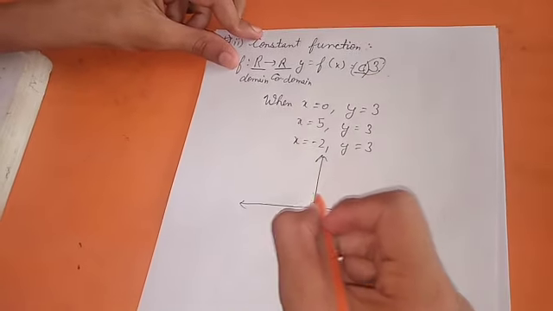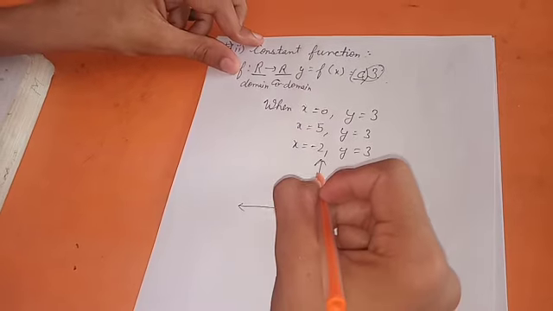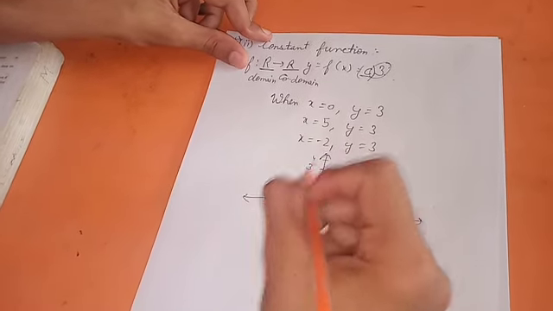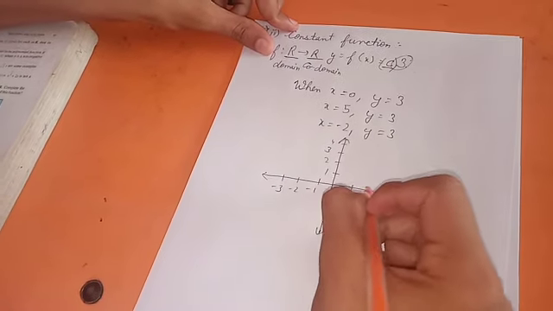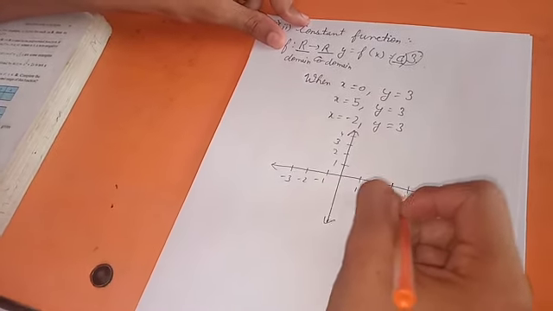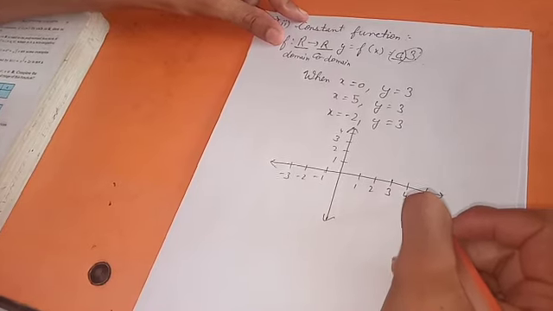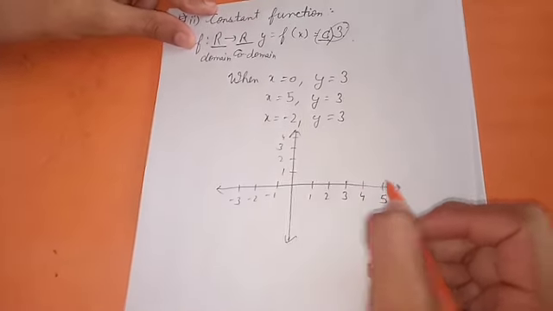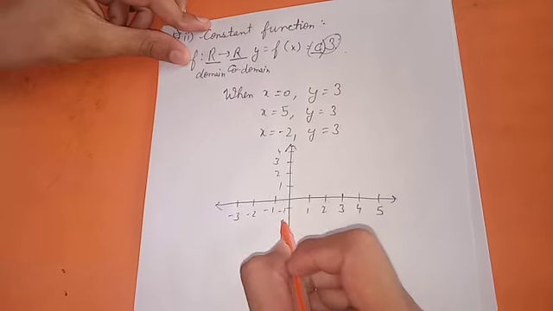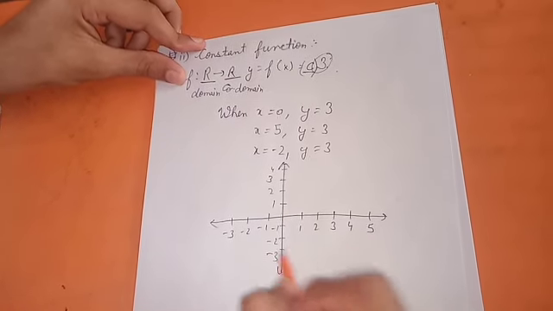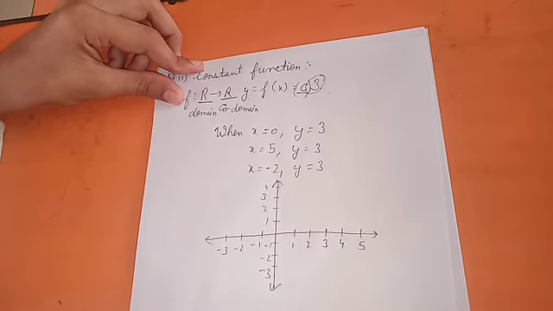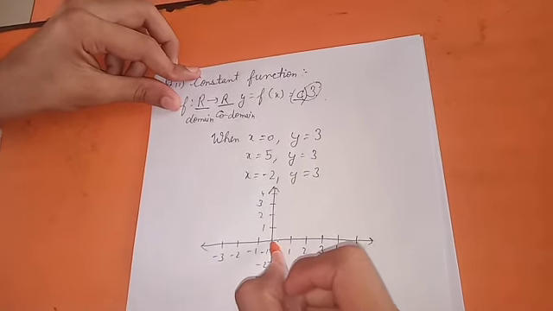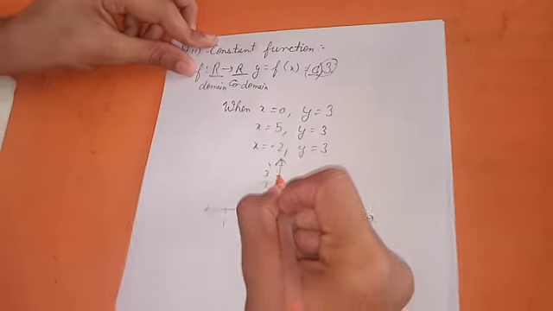If this is our graph, 1, 2, 3, 4, minus 1, minus 2, minus 1, 2, 3, 4, 5, minus 1, minus 2, minus 3. So depending on these values, what we will get? When x is 0, y is 3, this.